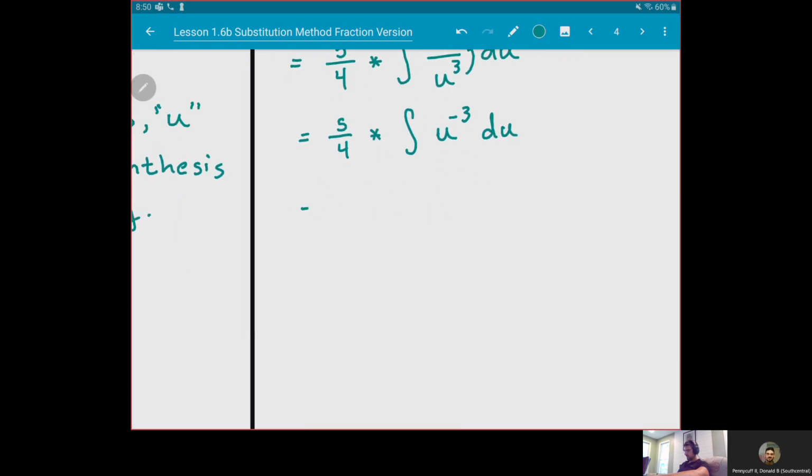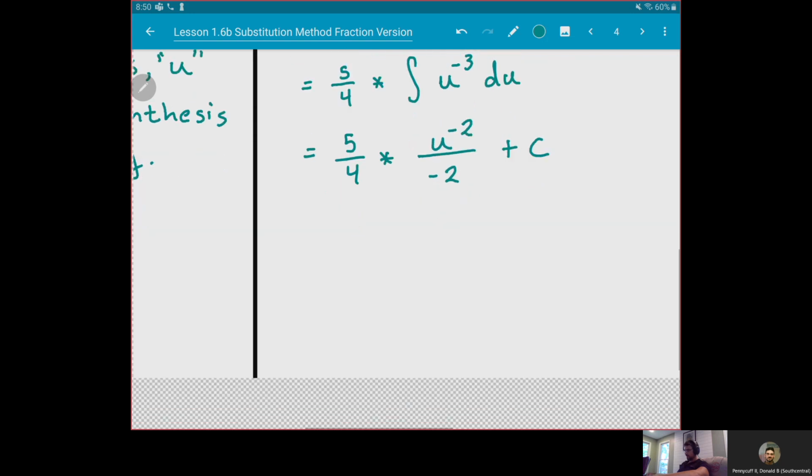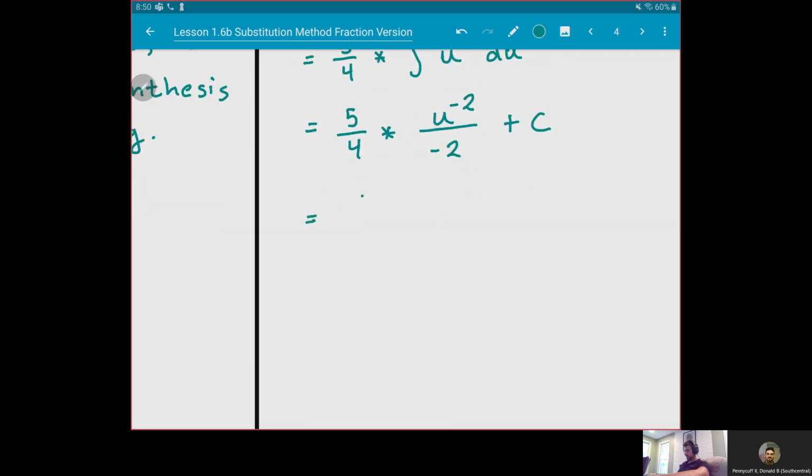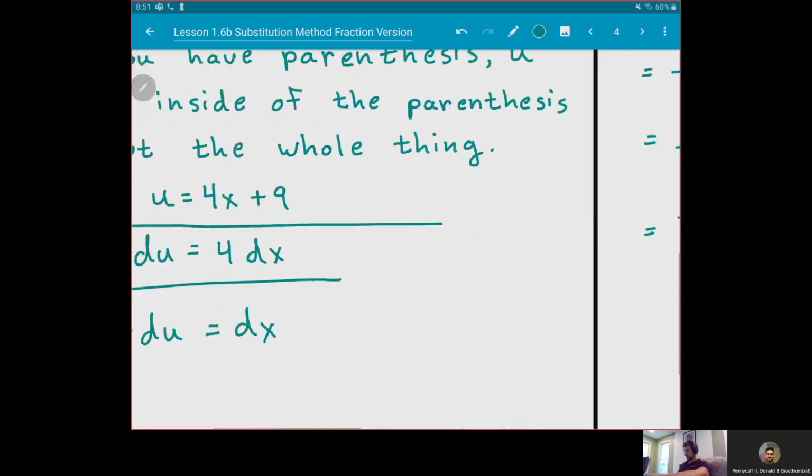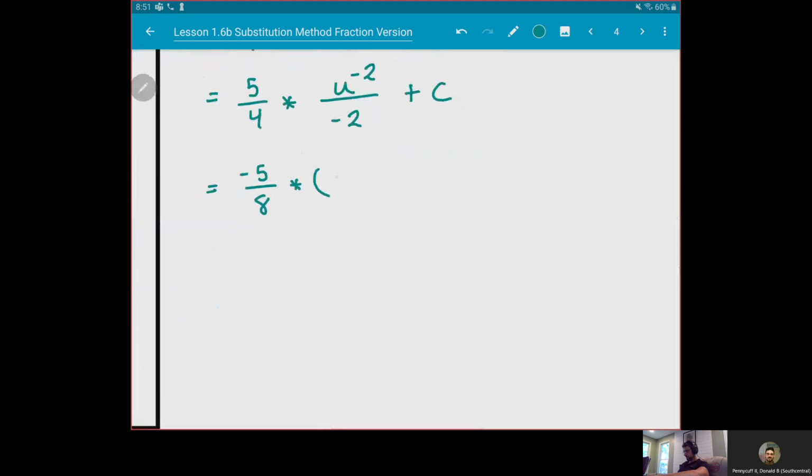And then now I can take the power rule, and that's going to be u to the negative second over negative 2 plus c. And so that is going to be negative 5/8 times my original, which is 4x plus 9, to the negative second power plus c.